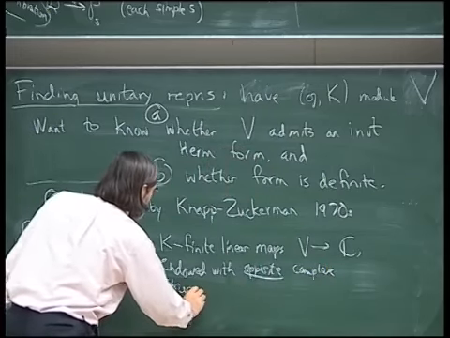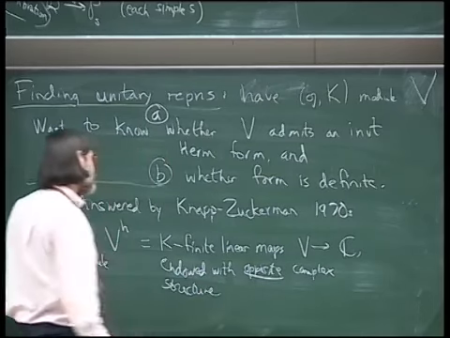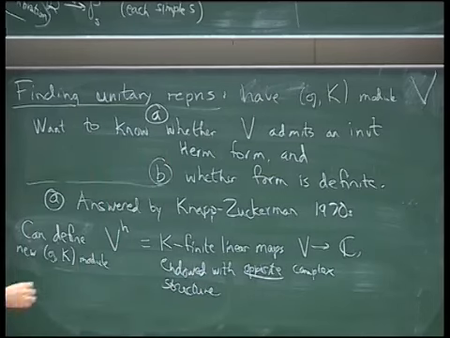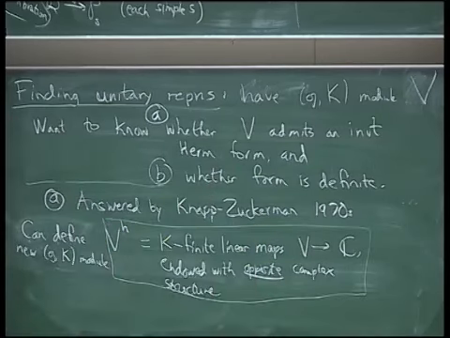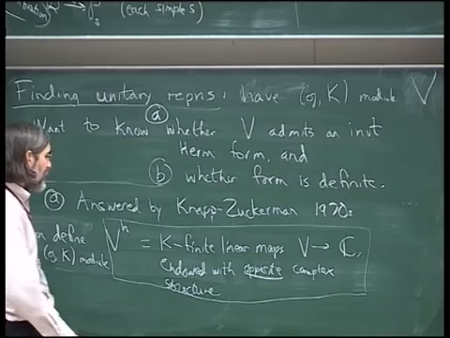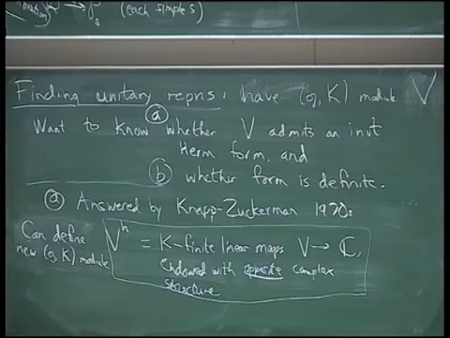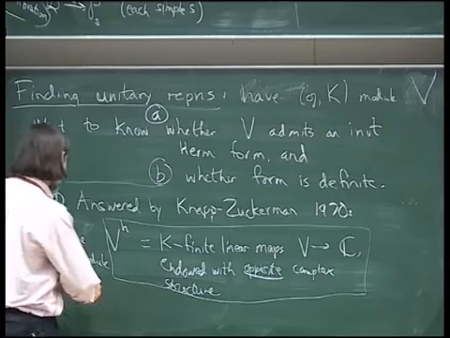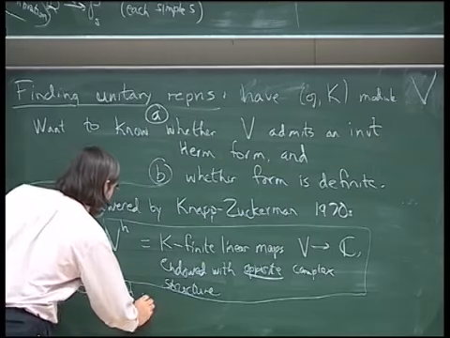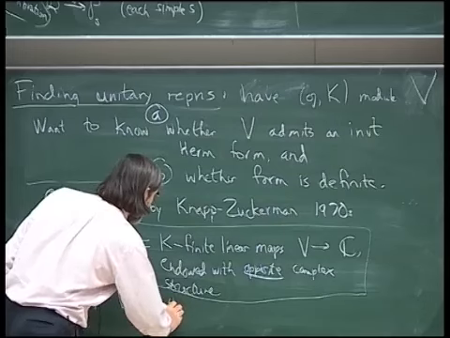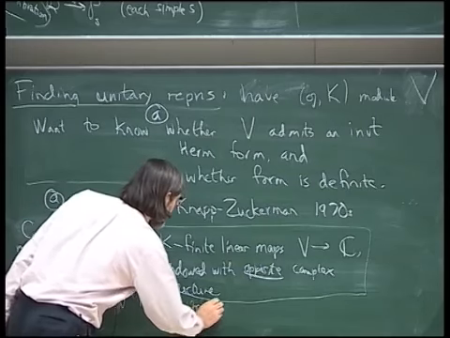That makes perfectly good sense. I just replace multiplication by z with multiplication by z bar, and this makes good sense. And what's very easy is that V_h is another irreducible GK module.